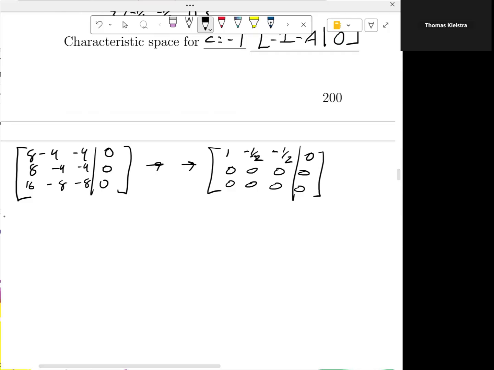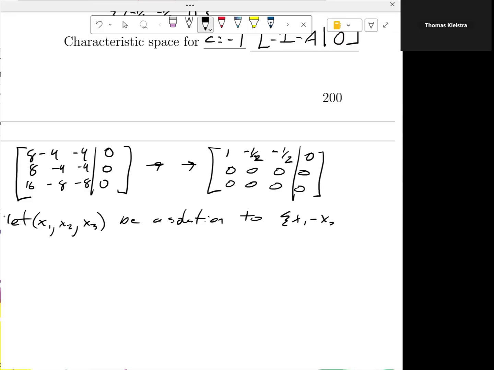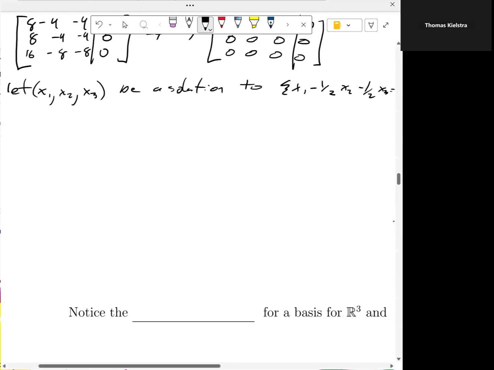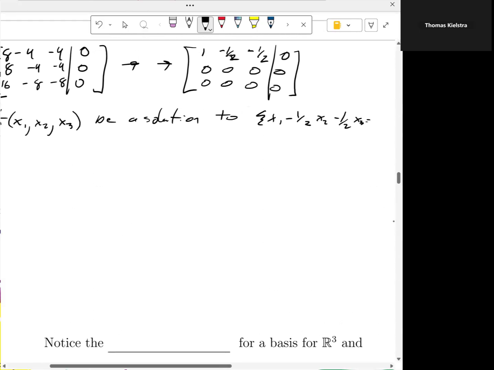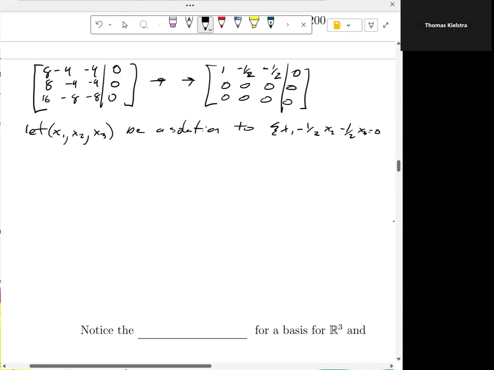Okay. Let (x1, x2, x3) be a solution to the system x1 - 1/2 x2 - 1/2 x3 = 0.